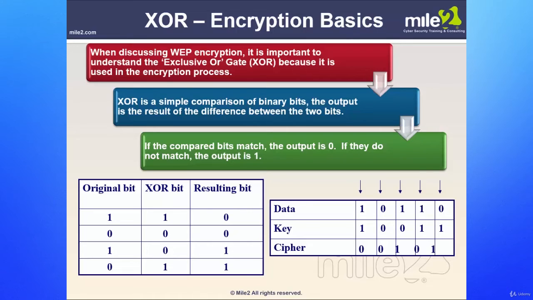If the compared bits match, the output is 0. If they don't match, the output is 1. Keep it as simple as that, and you'll be fine on any kind of XOR questions that you may get. Just again, if the compared bits match, the output is 0. If they do not match, the output is 1. Keep it simple and you'll be fine.